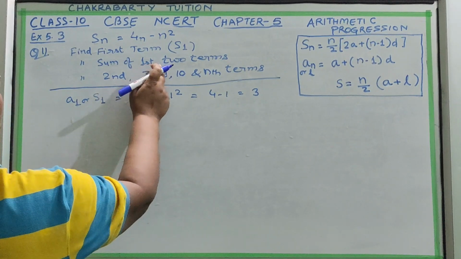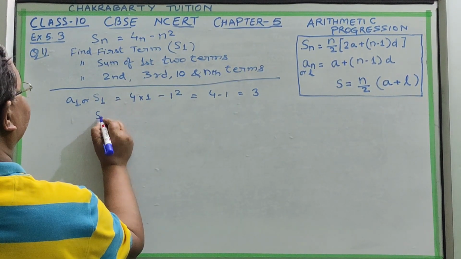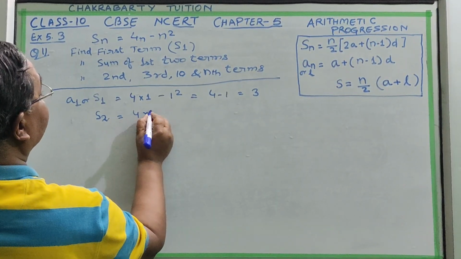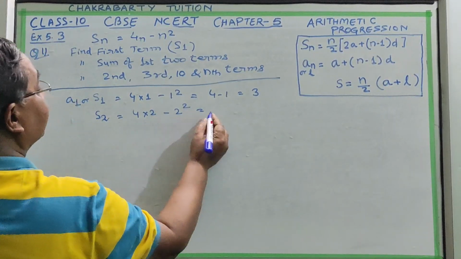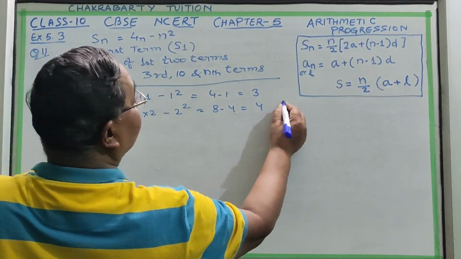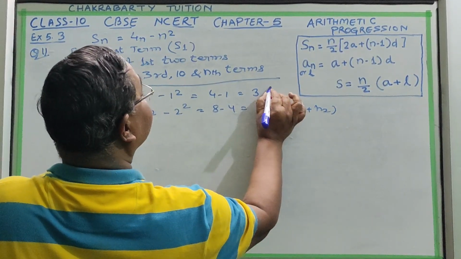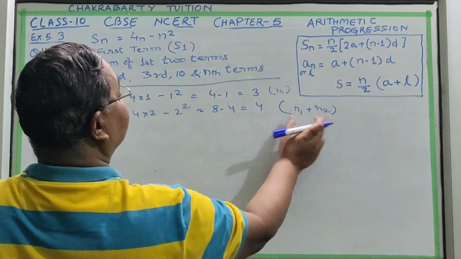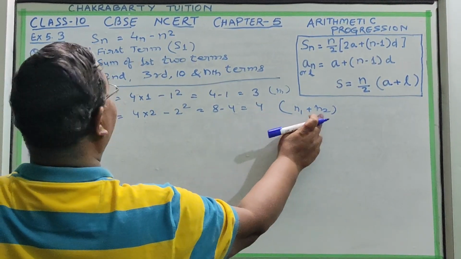Now find the first two terms. First we find the sum of 2, which is equal to 4 into 2 minus 2 square. So it is 8 minus 4, which is equal to 4. It is the sum of two terms, meaning a1 plus a2. If you reduce a1, a2 will come out.